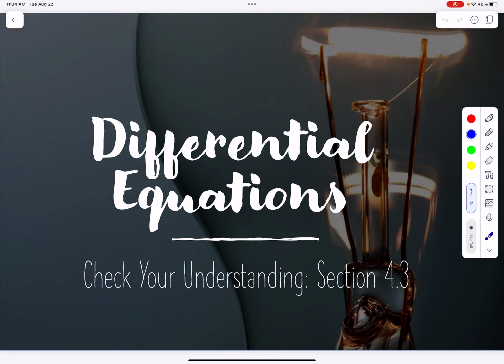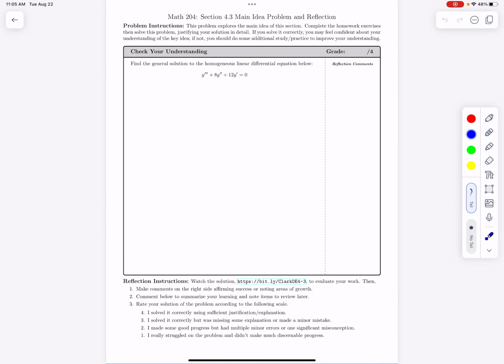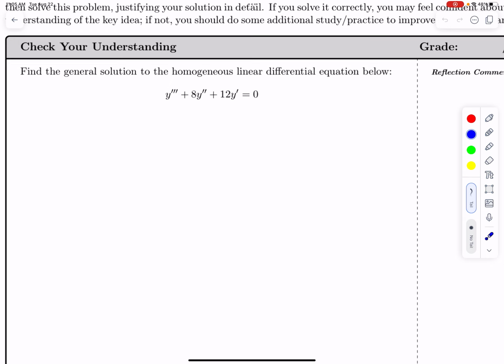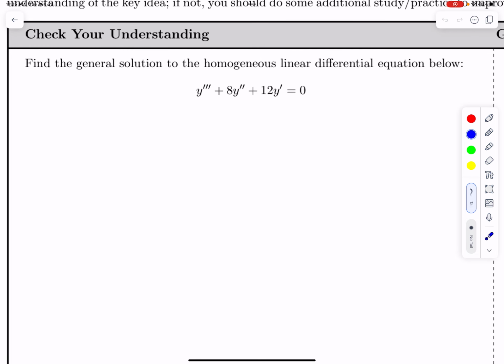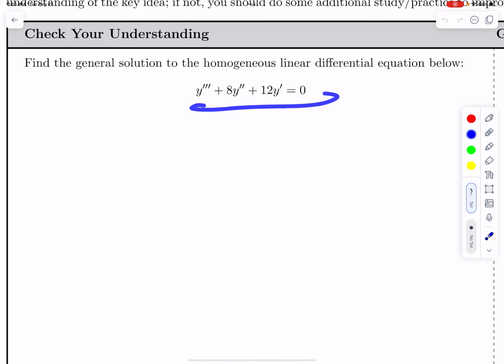We're in section 4.3, which means we're looking at solving homogeneous linear differential equations like this one right here. And as we should have learned, the key is to convert the differential equation into a characteristic equation.